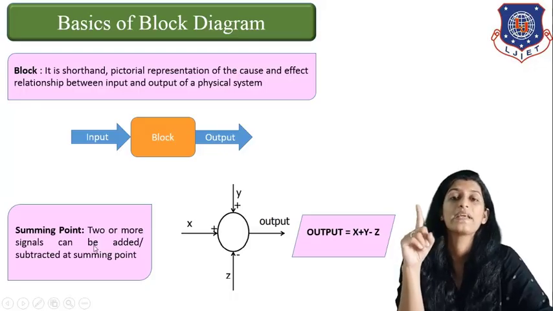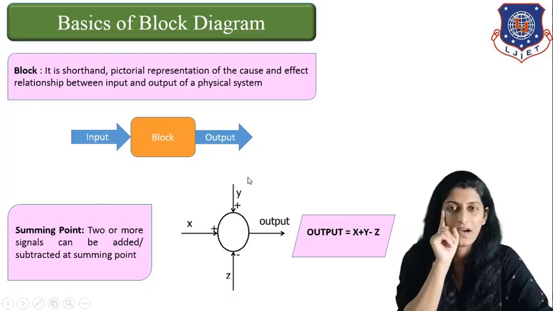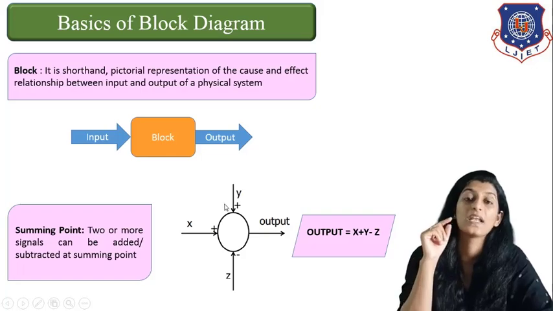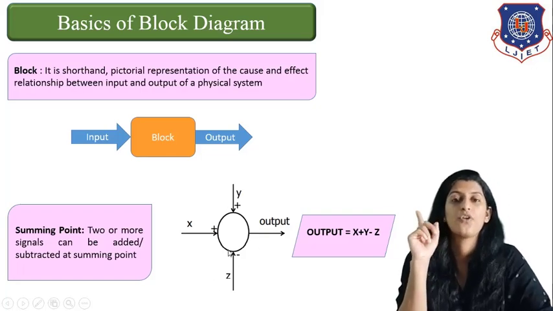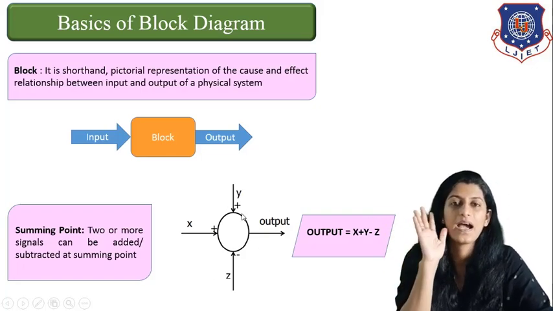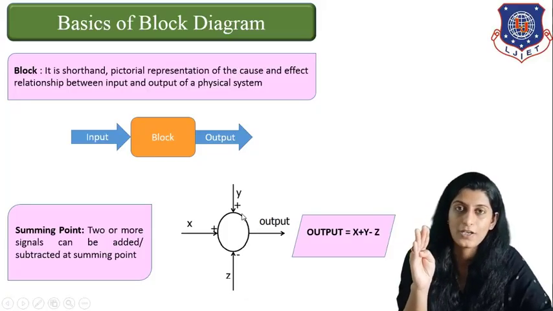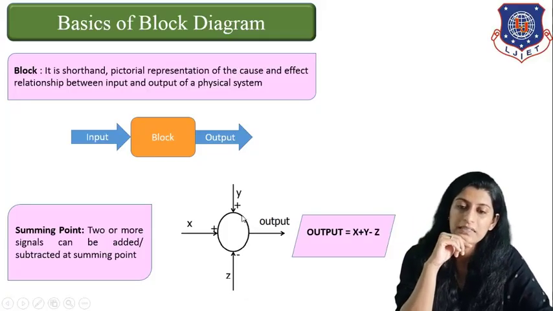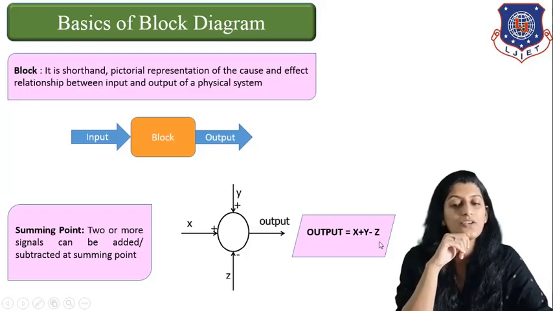We need to add X and Y since they are positive, and we need to subtract Z from the sum of X and Y to get the actual value coming out of the system. So this is how we can do it.